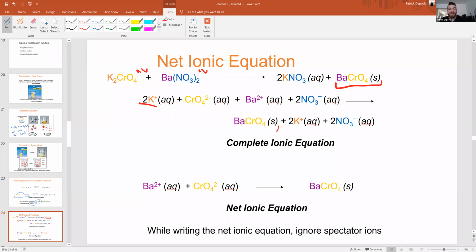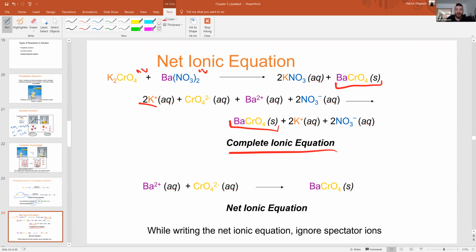The solid does not separate. You notice that. Everything else separates except for the solid. Solid cannot separate because in the solution, that is not the behavior of it. It stays as a solid. Then you have the remaining ions, 2K NO3, so it'd be 2K+ plus 2NO3-. That's the complete ionic equation.